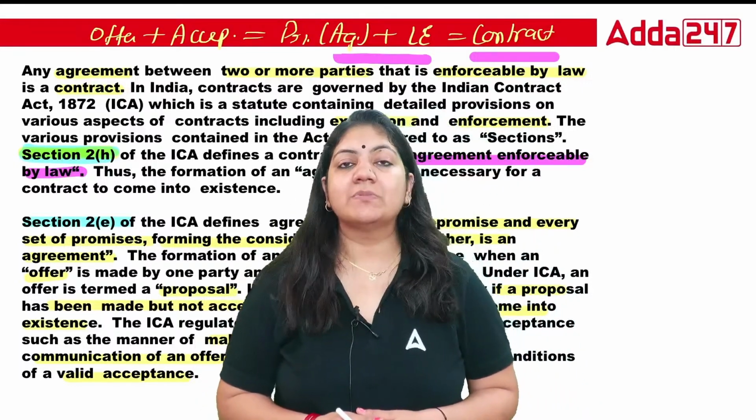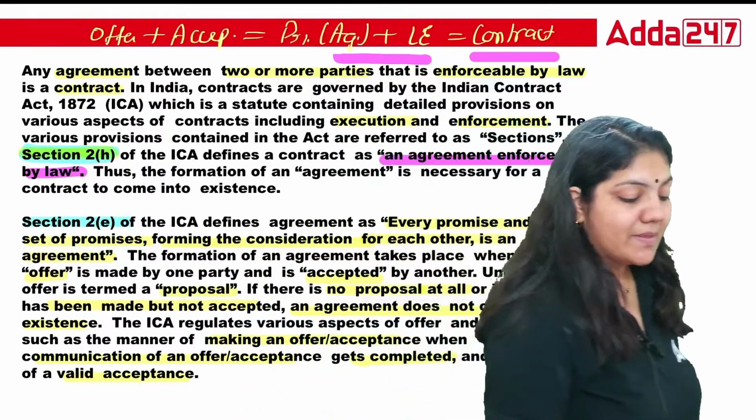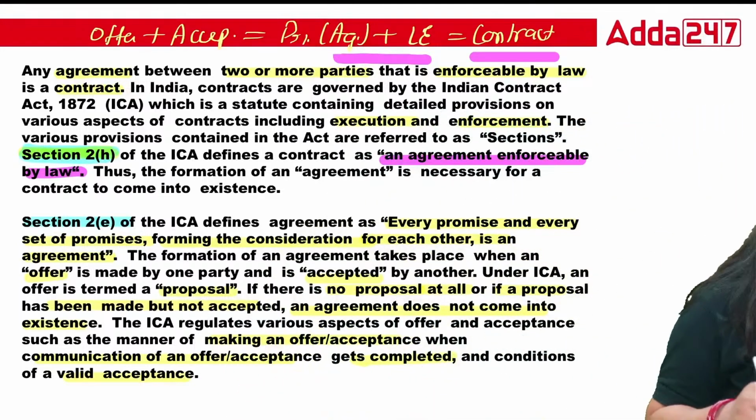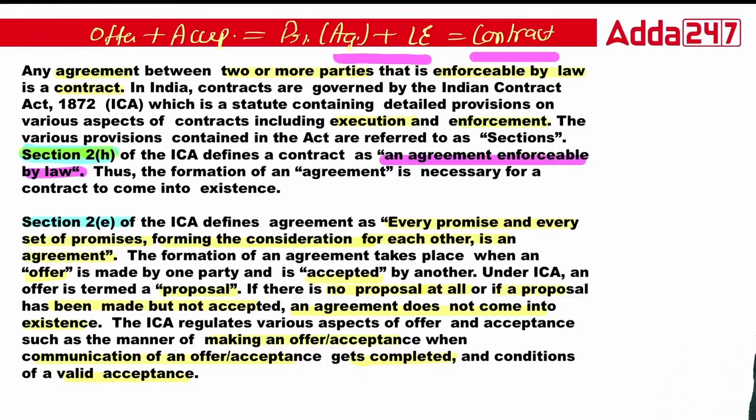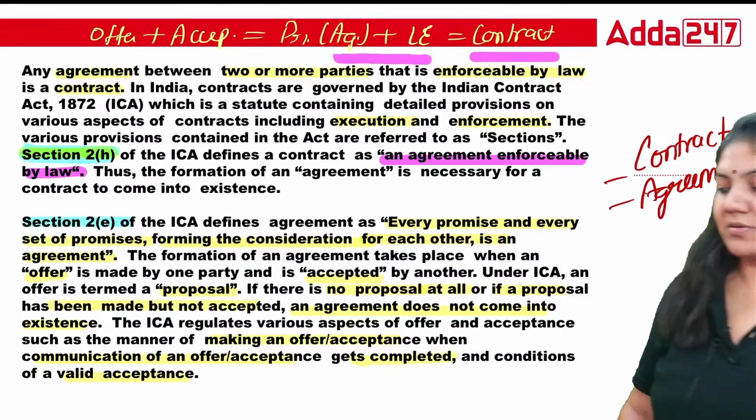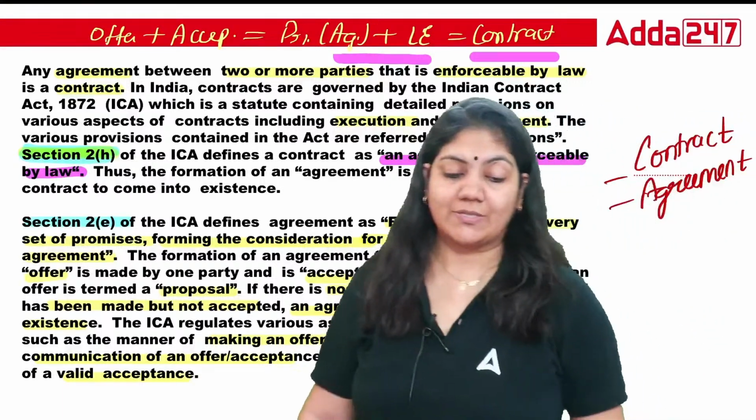So that is a very simple definition of the term contract. I hope that is clear. In this particular paragraph, we can see that two terms are there: first the definition of contract is given here, and then agreement is there. Contract plus agreement is there in this particular paragraph.